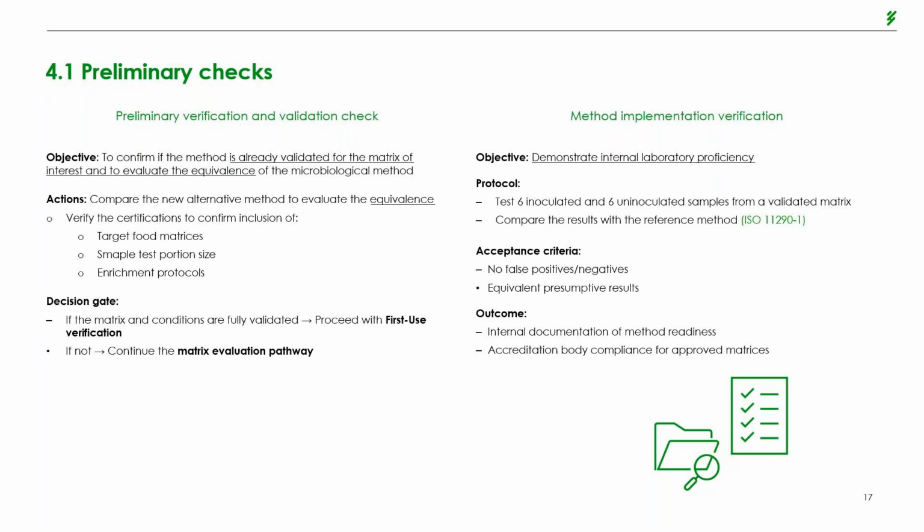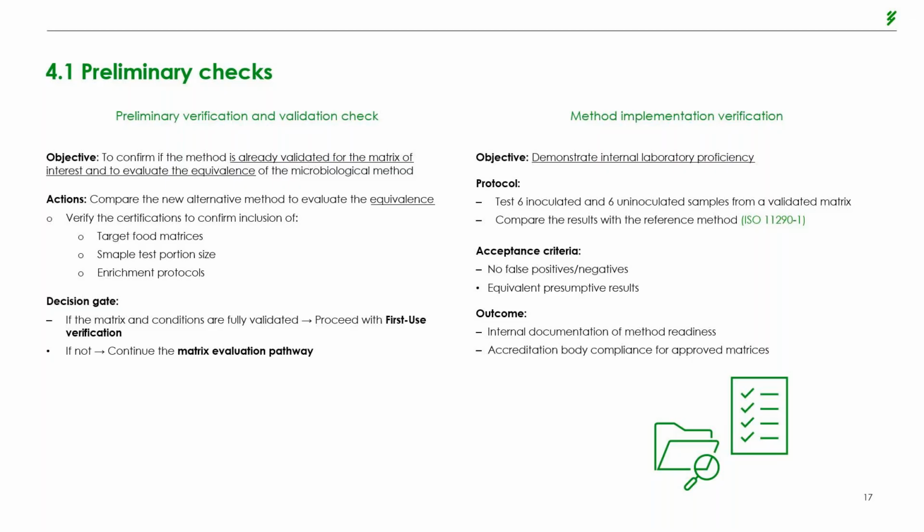We do this by checking third-party certifications such as AOAC, AFNOR, MicroVal, NordVal, and we confirm the target food matrix, the test portion size, and also, very important, the enrichment protocols.